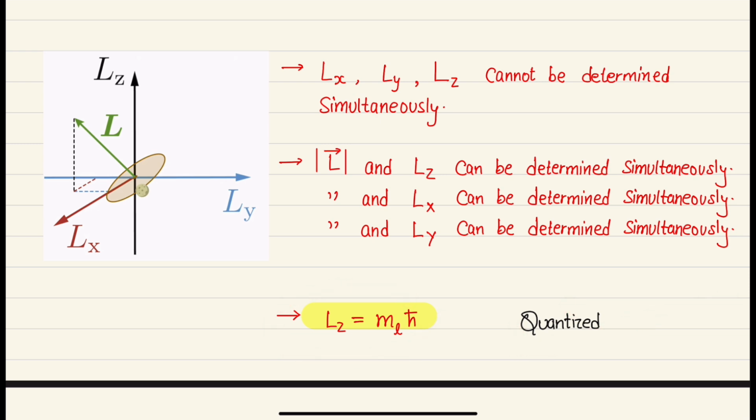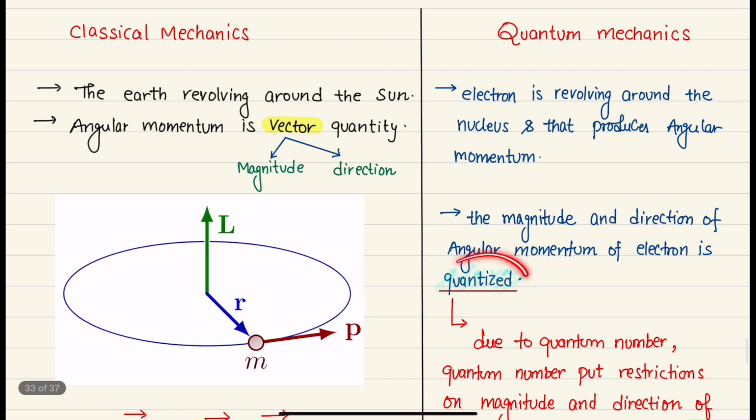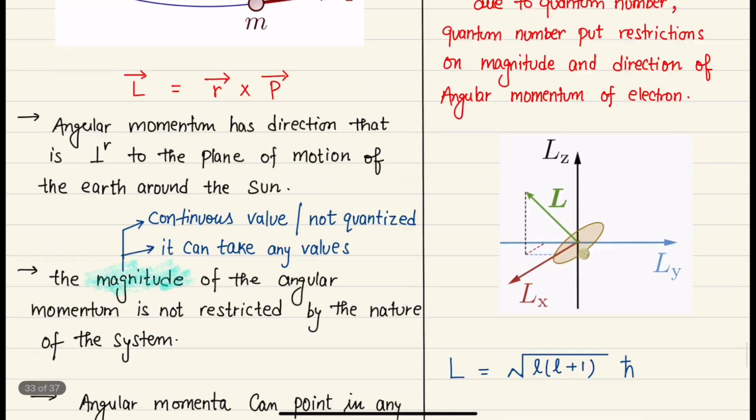It means Lz is quantized. The whole orbital angular momentum is quantized, right? We already talked about this. In classical mechanics, angular momentum is not quantized. In quantum mechanics, angular momentum is quantized. This is a major difference between classical physics and quantum mechanics.